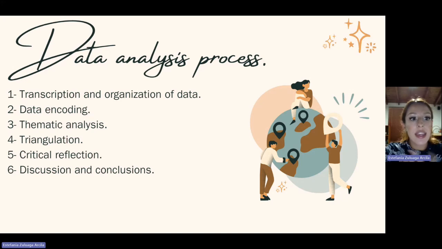The second is data encoding, which is to examine the data and assign codes to meaningful units. The third one is thematic analysis, which organizes codes into broader themes or topics and explores how these themes align with the critical perspective.